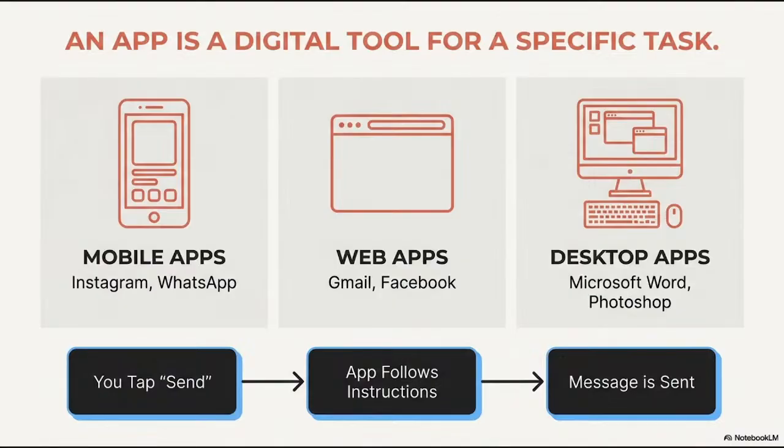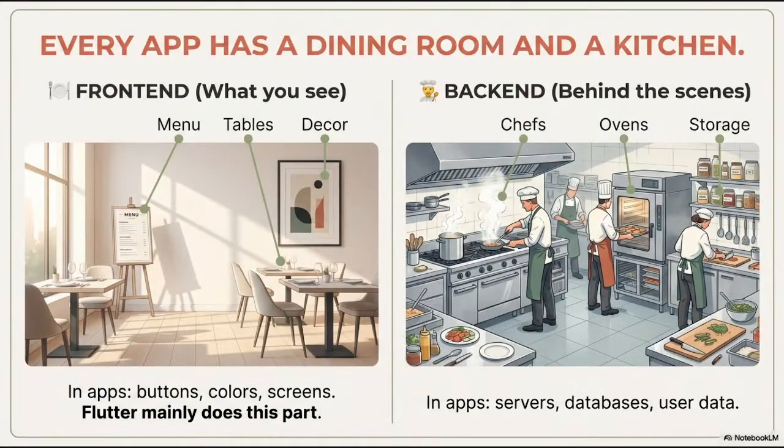Okay, now moving on to the next topic: front end versus back end. Every app has a front end and a back end. What you see is the front end, and the processes or things that you don't see are the back end, or behind the scenes.